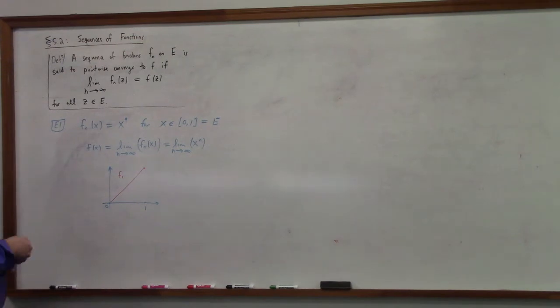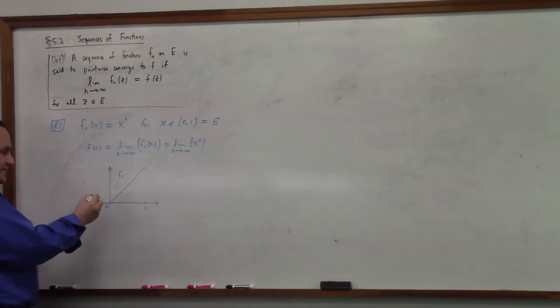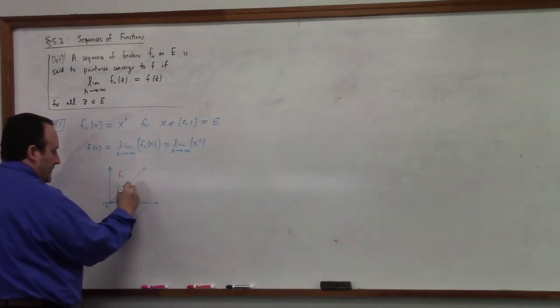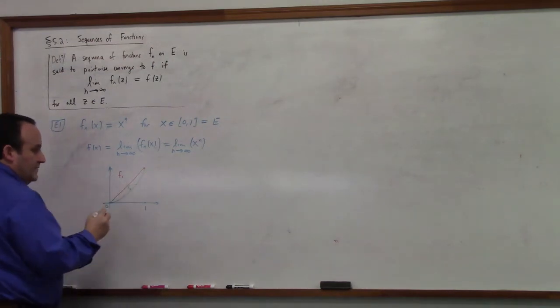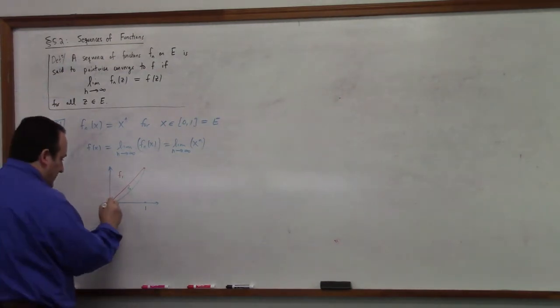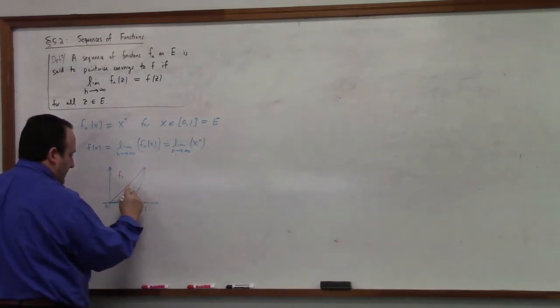What's f2? f2 is the parabola, y equals x squared. So f2 would be this guy. There's f2. Then you have f3, which is x cubed from 0 to 1, so kind of more of the same. Looks like this, right? There's f3.